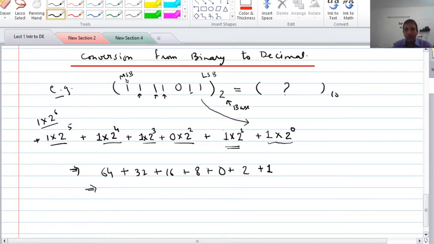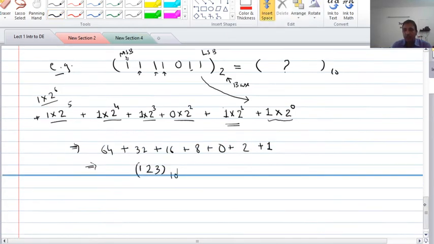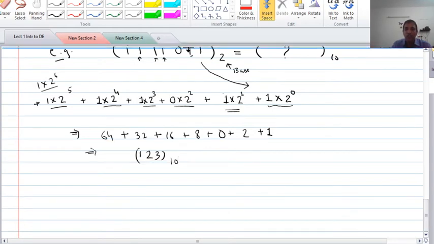So we have to add these numbers: 8 plus 2 is 10, 64 plus 32 is 96, 96 plus 16 is 112, 112 plus 8 is 120, and plus 3 again gives 123, and it's proved here. In this way we can convert a number from decimal to binary and binary to decimal.